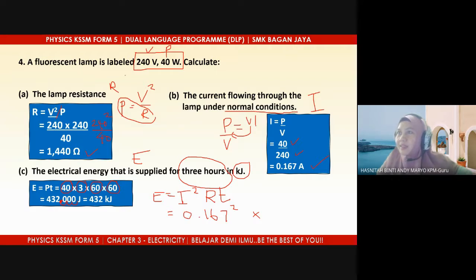R is 1440. Then multiply the T. So this T you must write correctly: 3 times 60 times 60.